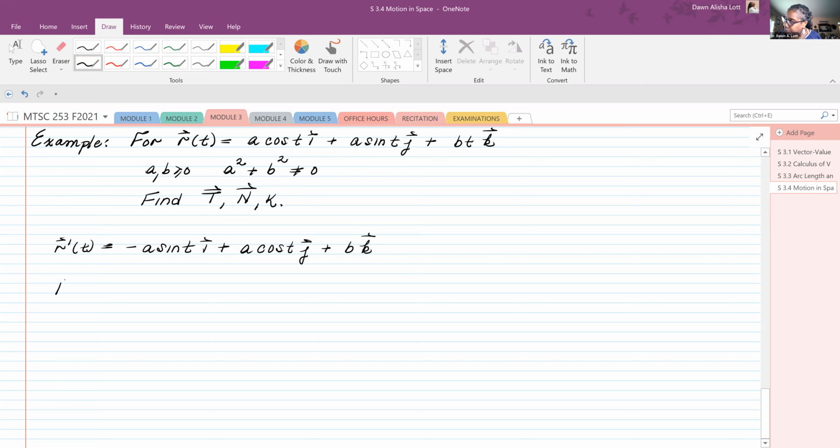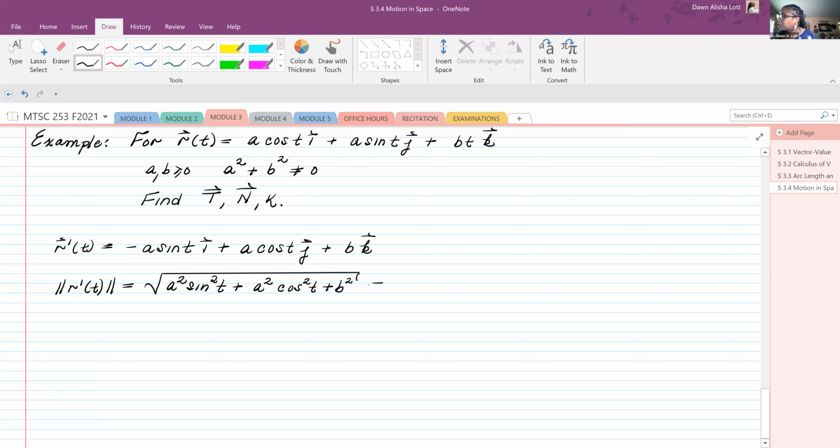So the length of r prime of t is the square root of a squared sine squared t plus a squared cosine squared t plus b squared.